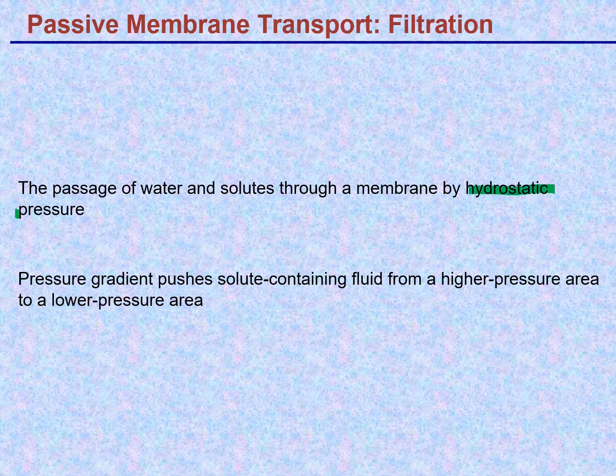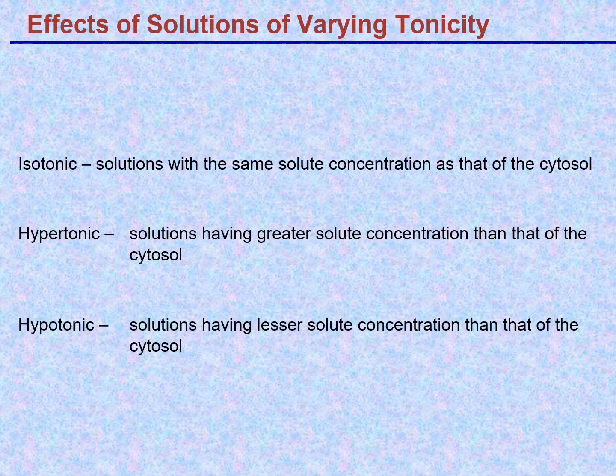There's a certain pressure on one side higher than the pressure on the other, and therefore there's a pressure gradient, and that helps push the fluid across from higher pressure to lower pressure. So the solute-containing fluid will move across. Some solutes can move across, the water can move across, and some solutes are not able to move across, as in the example of a kidney.